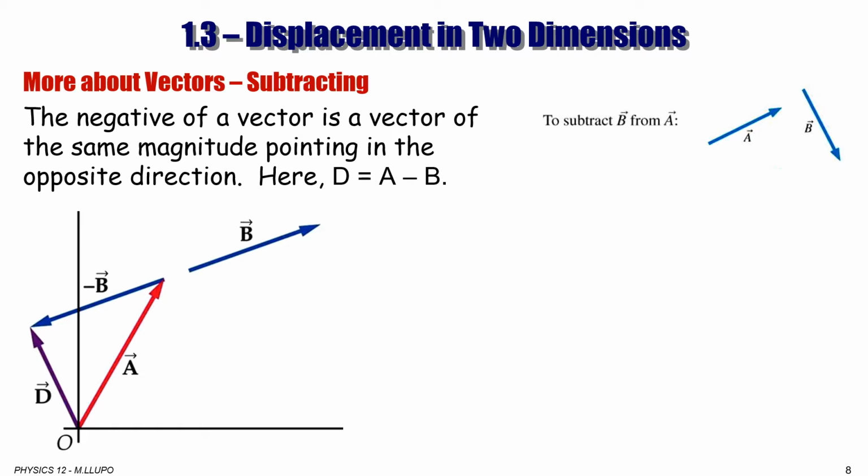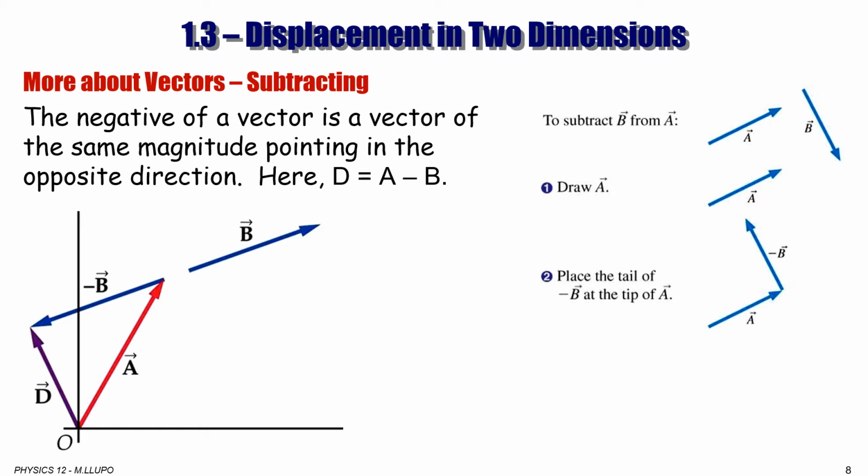The only trick here is you can do vector D equals A plus minus vector B. So in order to subtract B from A, you add minus B to A. So you can draw A, and then you can draw minus B. Then you can follow the same rule, tip to tail.